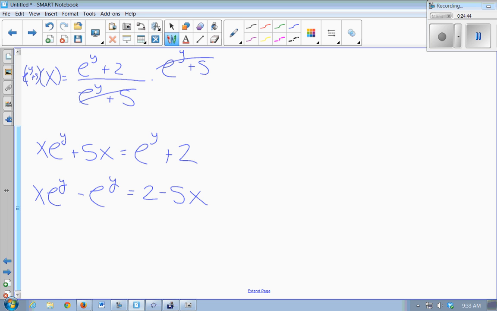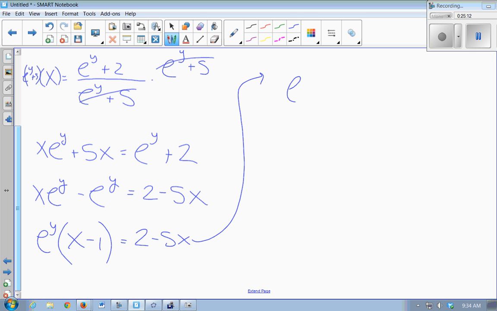Okay, so now, just like in the last example I did with finding an inverse, we have a common term, e to the y, in both of these terms here. So we have e to the y. Reverse distribute that, and we have times x minus 1 equals 2 minus 5x. Okay. So then to get e to the y by itself, divide both sides by the x minus 1. So we have e to the y equals 2 minus 5x over x minus 1. And then how do I get the y all by itself?